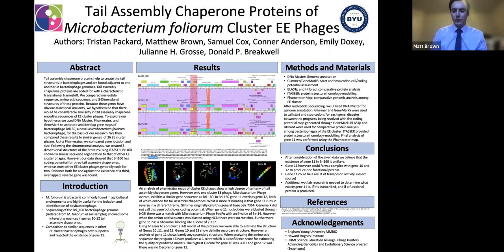Another method that we used to analyze the existence of gene 11 was the I-TASSER software from Zhang Lab at the University of Michigan. This software is a predictive modeler of the potential secondary structure of the proteins that would be coded for by these genes. If we look at these pictures here in the middle, the first and the last picture show gene 10 and 12, which are common among all the cluster EE phages.